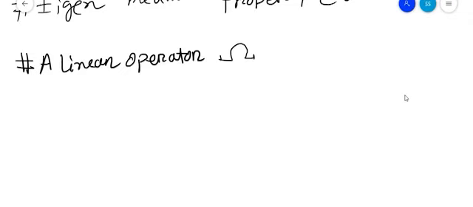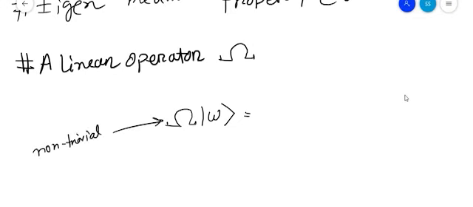From our past lectures we know that an operator can act on a vector, let's call them small omegas. And if this is a non-trivial operator, this means omega is not the identity operator or the zero operator.